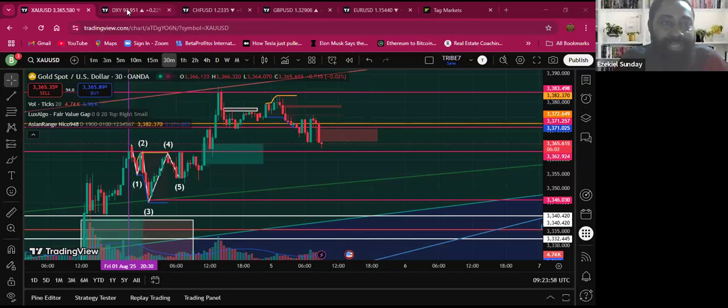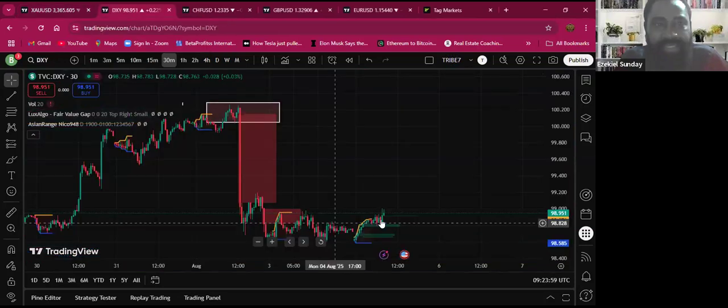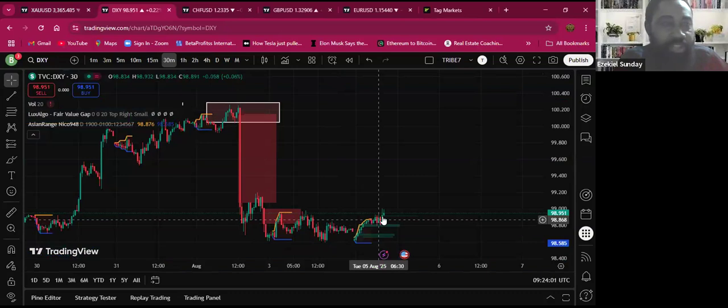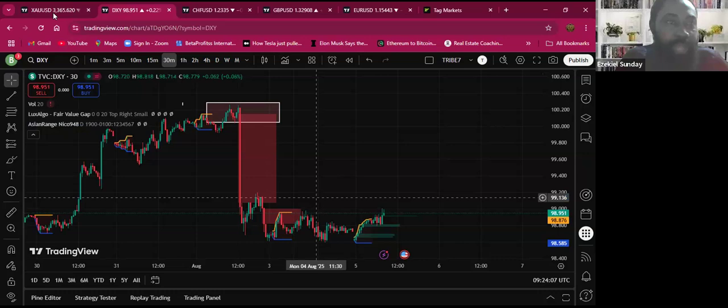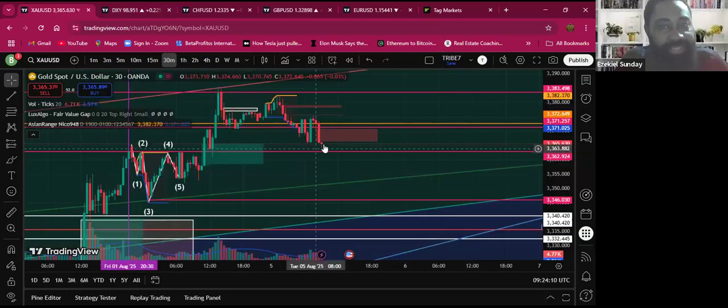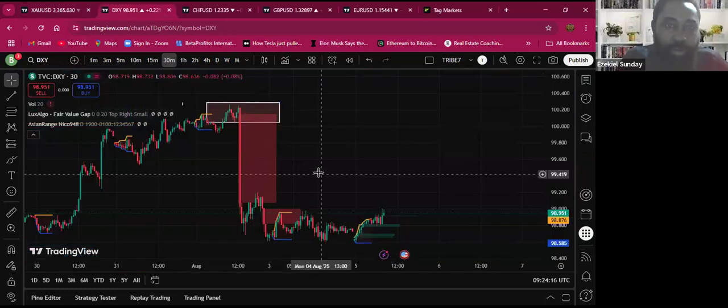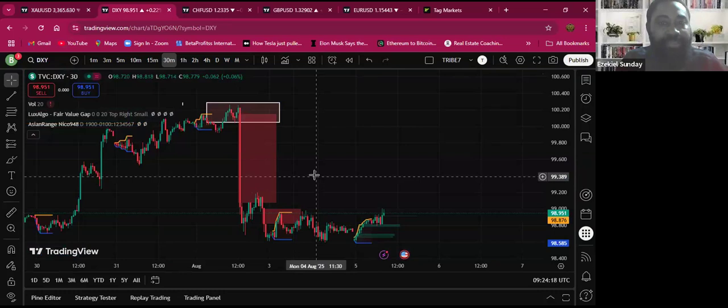So the point here is that as Dxy trends up, our gold trends down, meaning our gold loses strength when the dollar gains strength. Why is that? It's because they are inversely correlated.